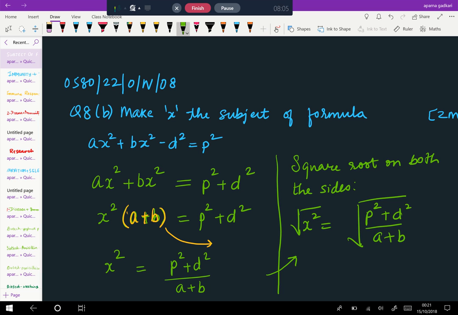You know, square root of any number is itself, so square root of x square is simply x. Therefore we have x equals square root of p square plus d square divided by a plus b. So that's the answer to this part of the question.